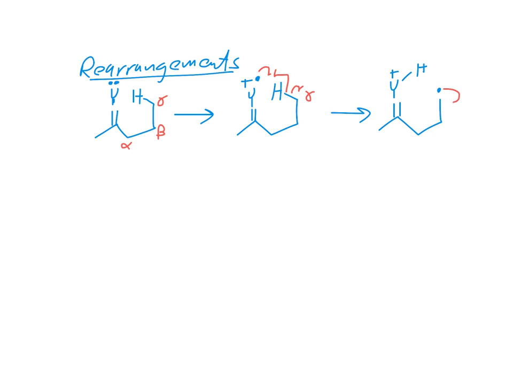So this comes down here, combines with one of those electrons, and this electron goes back over to there. So we get this plus this alkene.